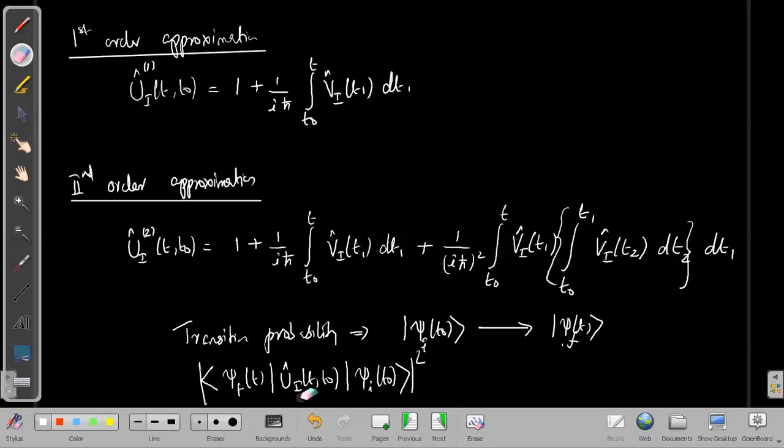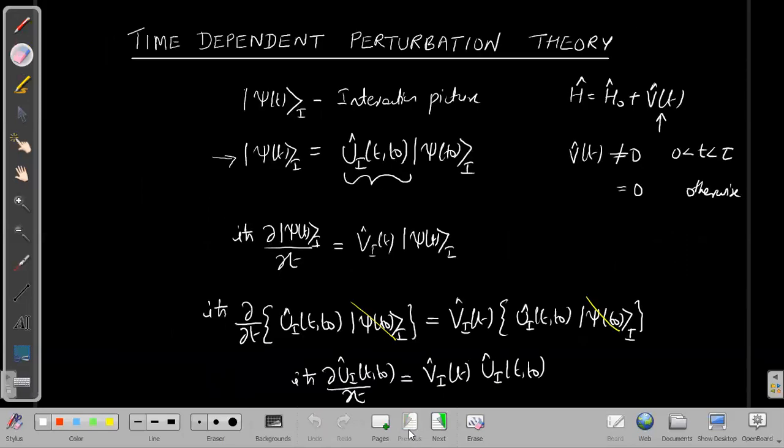Okay, in the next class, we'll focus on this topic, that is how to find the transition probability using time dependent perturbation theory. Okay, so we'll just summarize what we have discussed till now. Remember, we started with the Hamiltonian of the form H0 plus V(t), where V(t) is present for a small amount of time, and the main aim of this topic is to find the transition probability of the system.